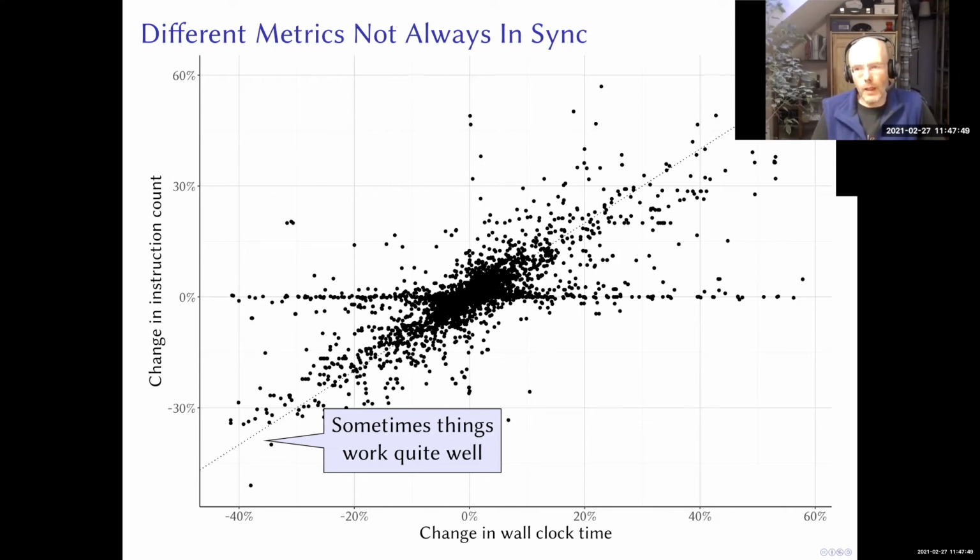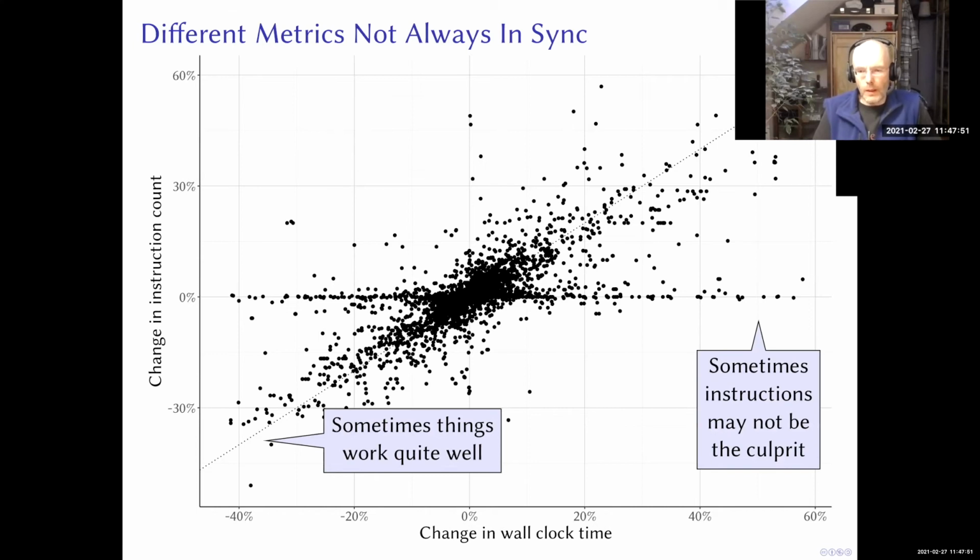However, there are cases where we see a benchmark exhibiting a 2x change in performance, but no change in the instruction count, in the count of instructions executed, or the other way around. We also see situations where instruction count changes wildly, but the performance stays the same.